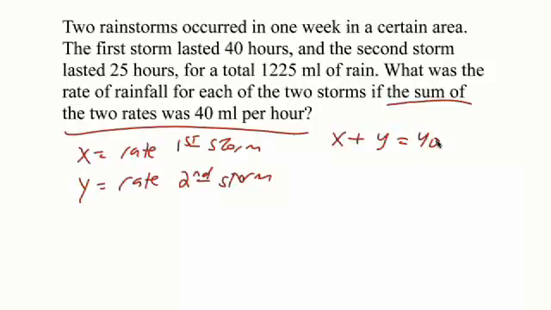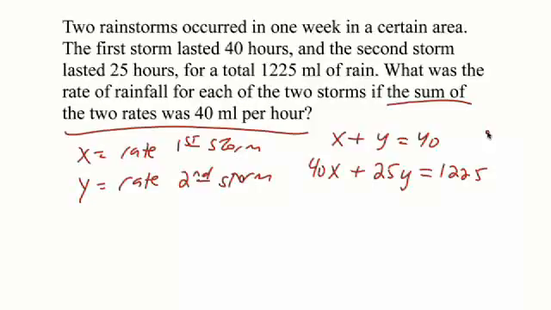The first storm lasted 40 hours, so 40 hours times the first storm's rate. The second storm lasted 25 hours, so 25 hours times the second storm's rate. That should give you a total amount of 1,225 milliliters of rain. Again, the worst of it's over. You now have the 2 equations.